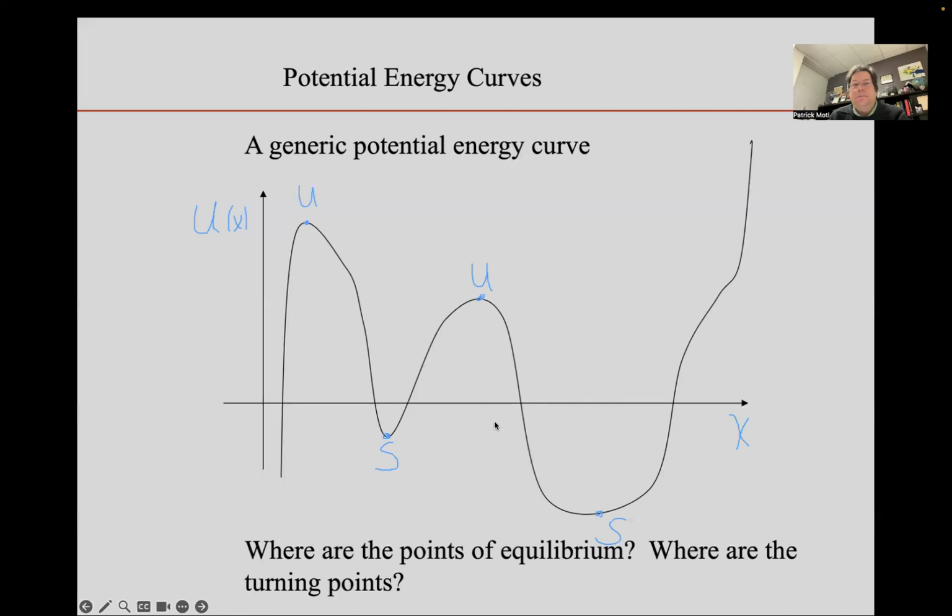All right. And then the other thing that we want to talk about is the idea of a turning point. So if I give a particle, say it's in this potential, and it's right here at one point in time. So it has some amount of kinetic energy and it has some amount of potential energy when it's at that location, that particular value of x.